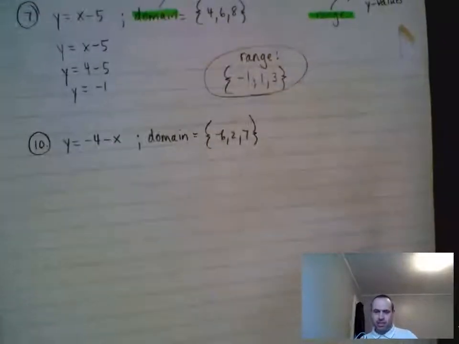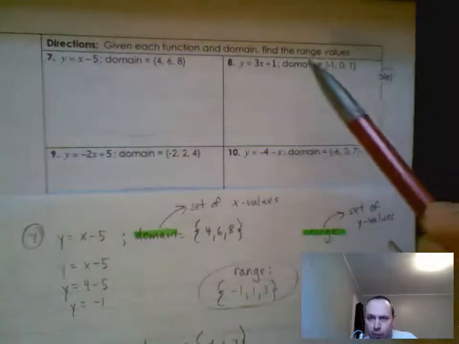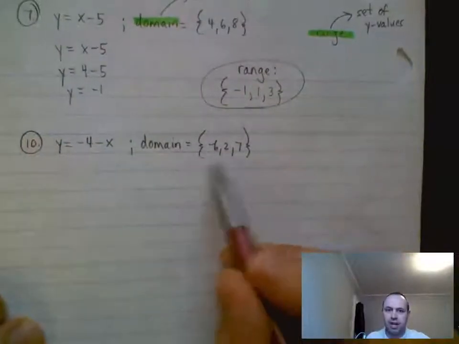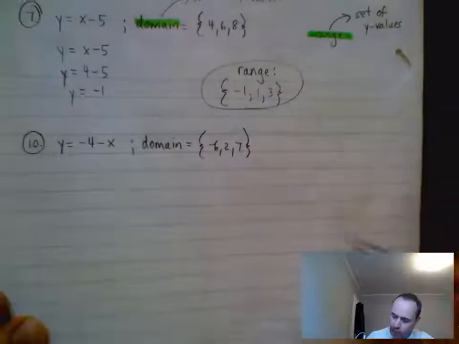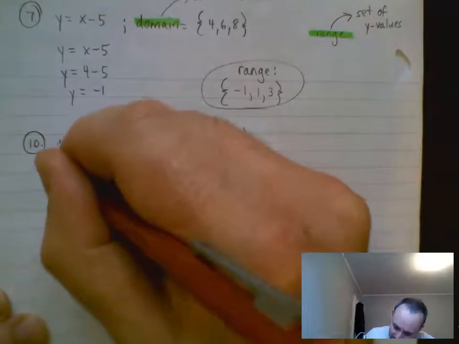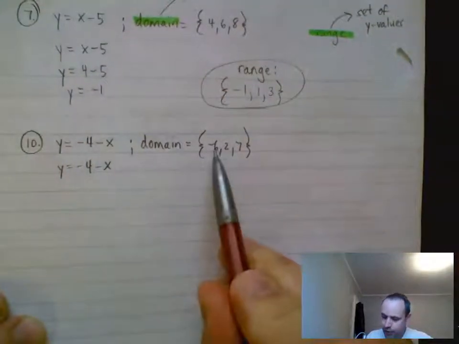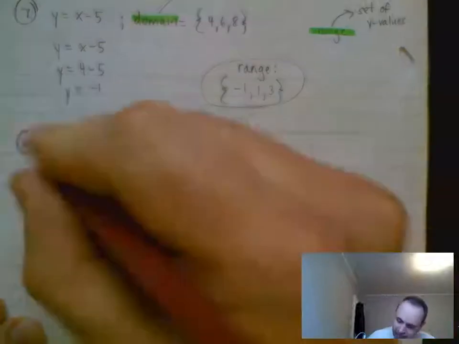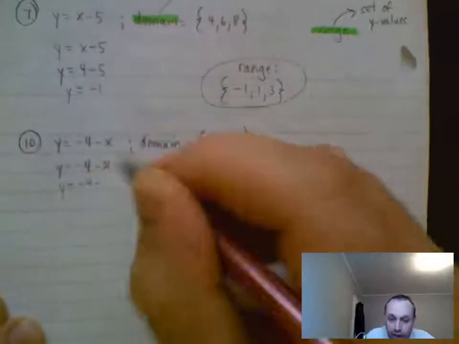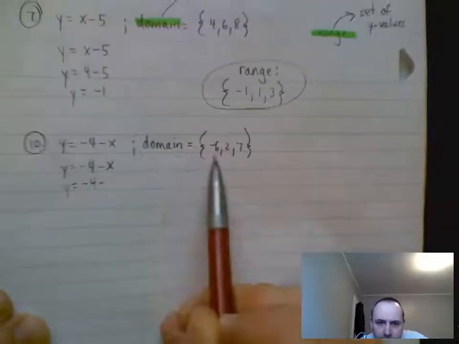All right, so once again here, if you look at the directions, we're trying to find the range values, okay? So if the domain is our x values, right? Then we need to take them one at a time and plug them in for x. So let's take the first one. So when x is -6, you've got to be careful here. That minus has to drop down, and for the x, we have to put in -6.